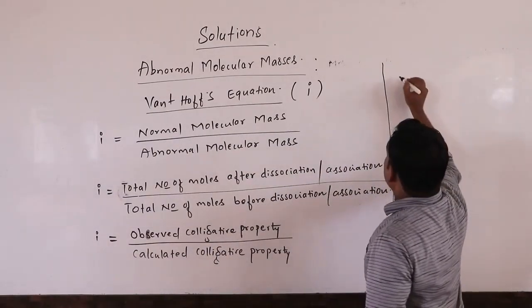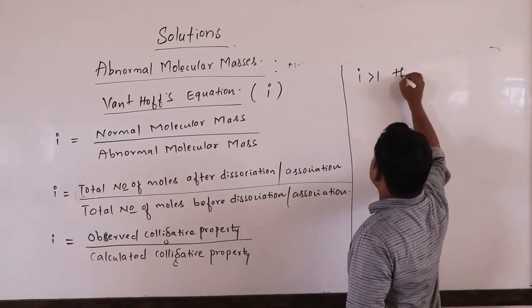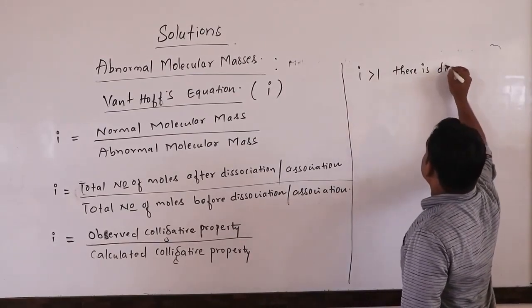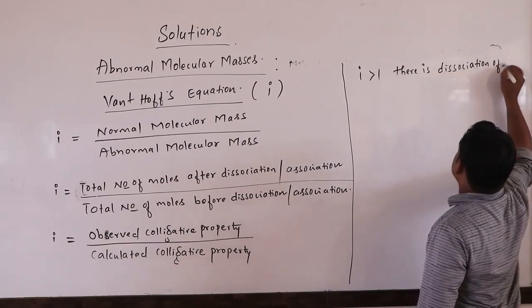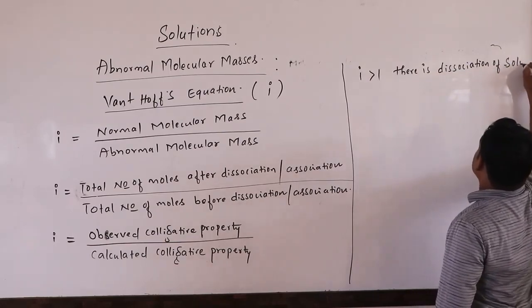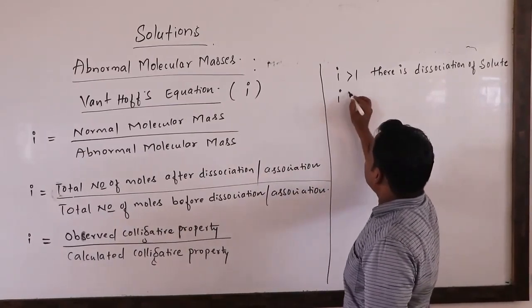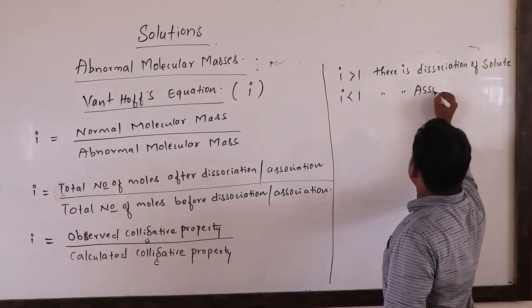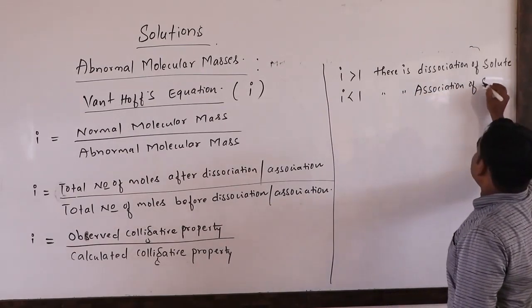If the i value is greater than 1, it means dissociation of solute is taking place. You have to remember this point. If the i value is less than 1, it means association of solute is taking place.